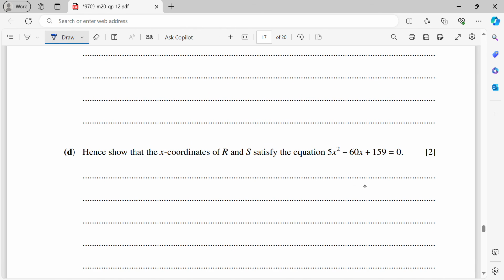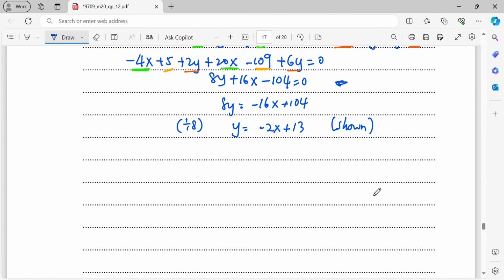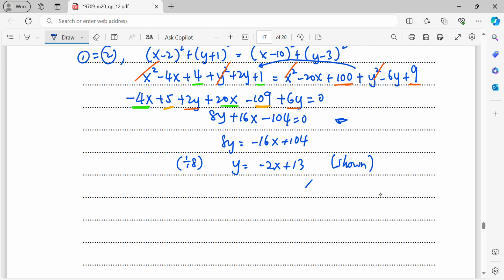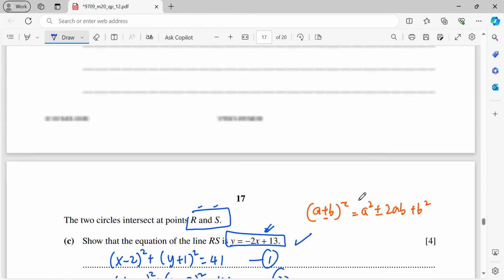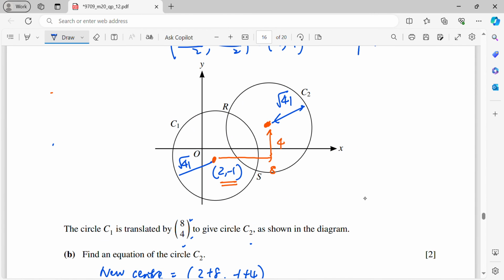Okay, now hence means use the previous answer. Show that the x coordinates of R and S satisfy this equation. So now, I know that this line will give you the points R and S. Okay, so then we know that two circles are intersecting here.